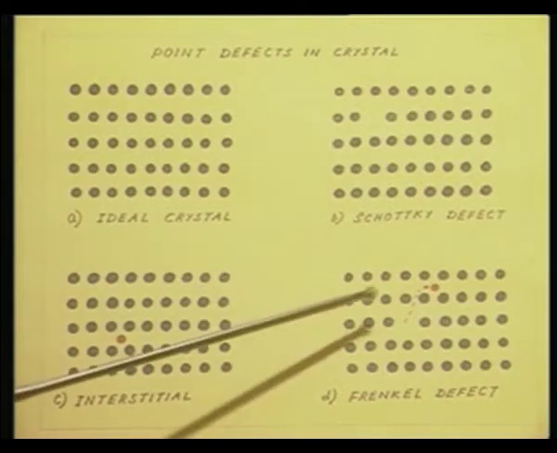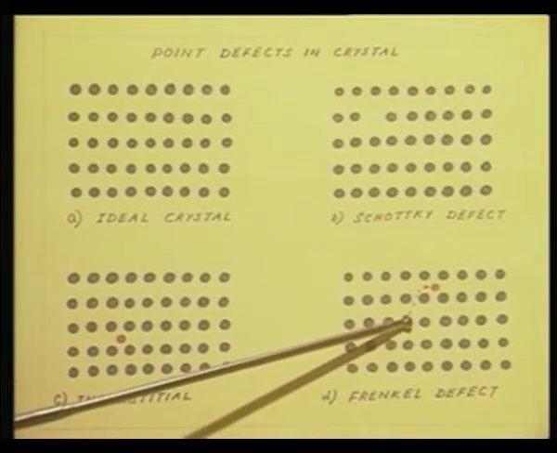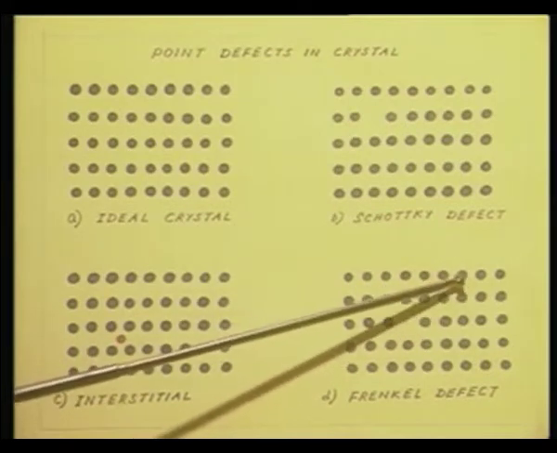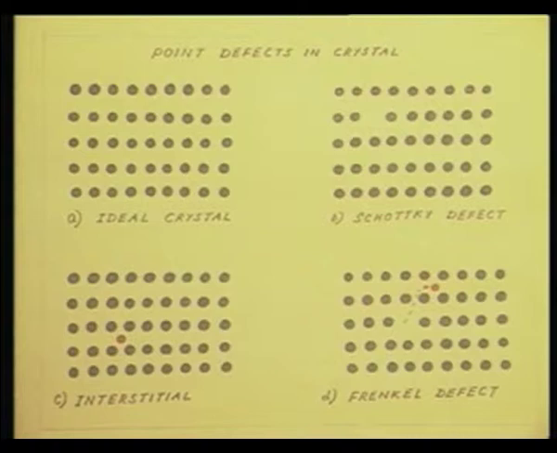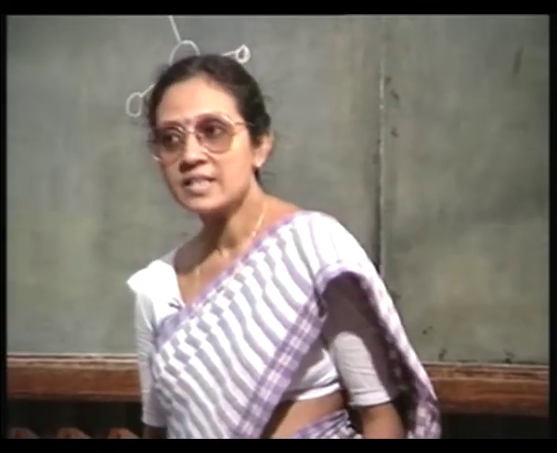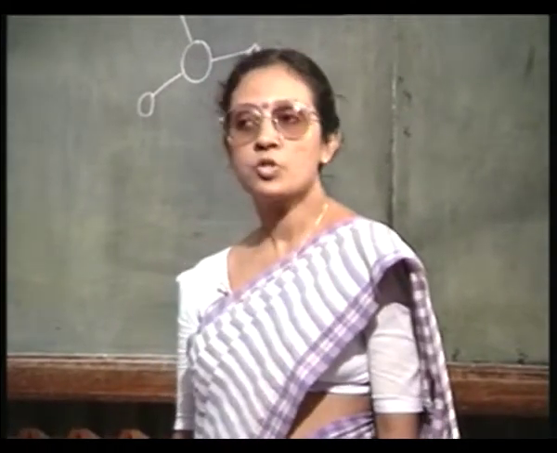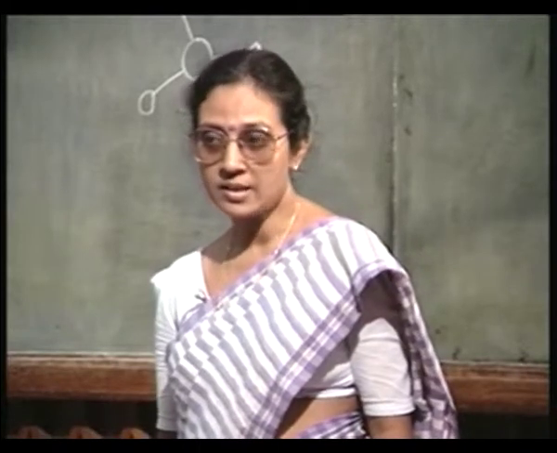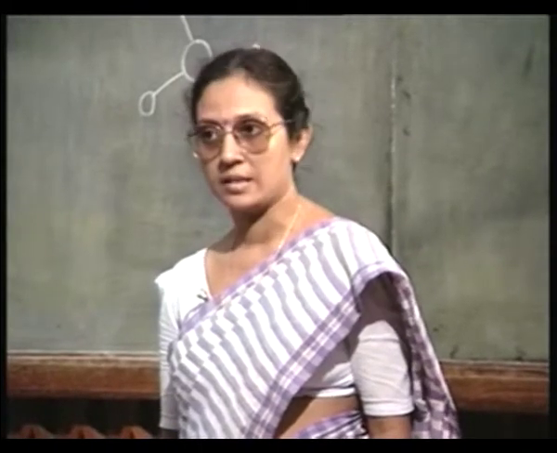So, I have created two defects, one is a vacancy here and one is an interstitial here. So, this is called a vacancy interstitial pair or a Frenkel defect. These are the most common defects present in a real crystal.